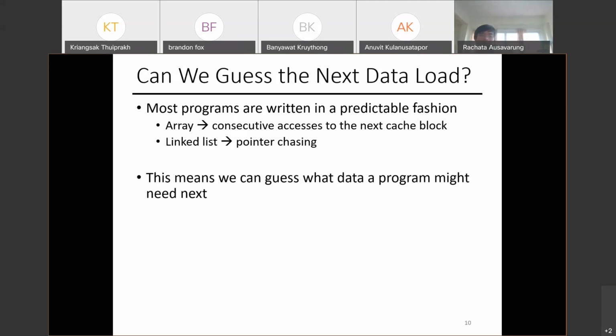Is graph predictable? Okay, let me ask this question. Let's say I have a graph and the graph is dense. Basically, it means that I have a lot of neighbors. Is it predictable where I go next? Let's say I want to move around in my graph.